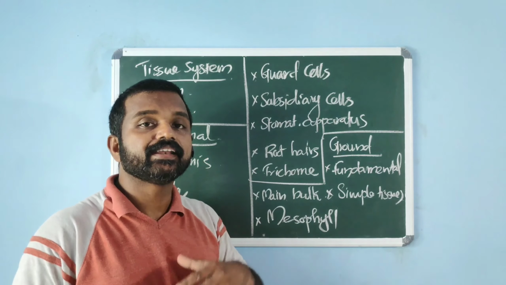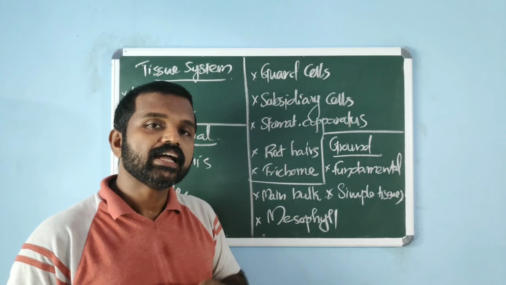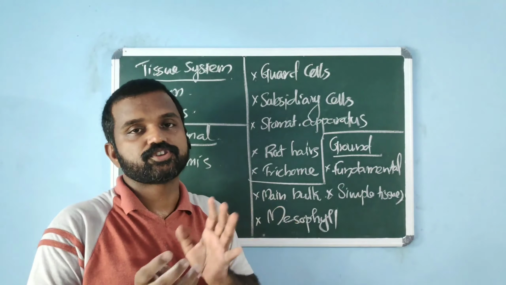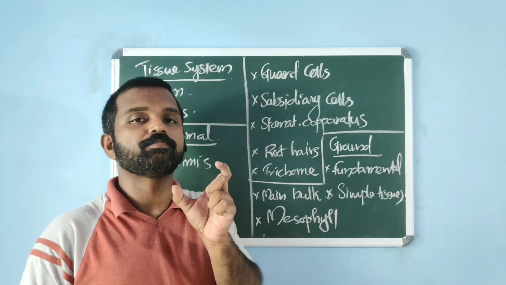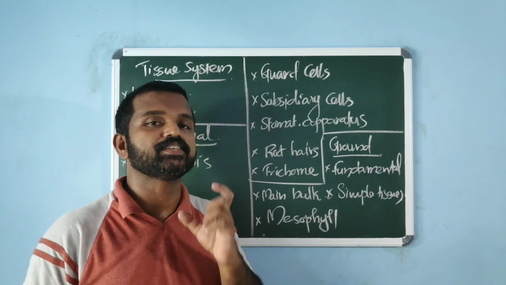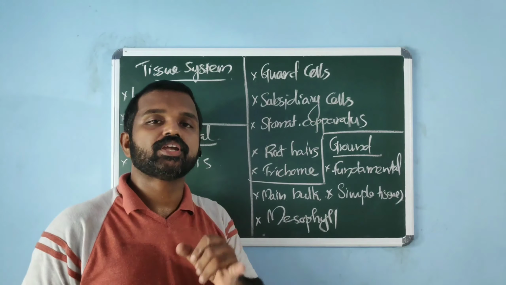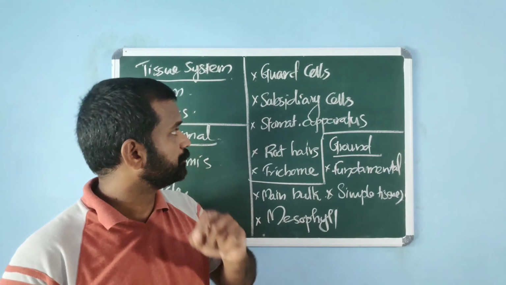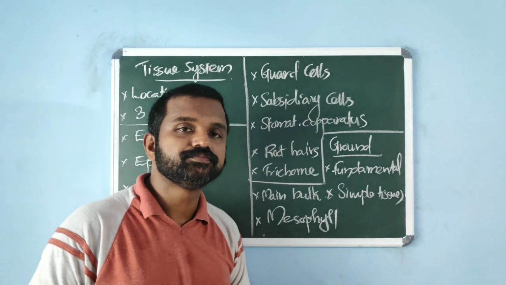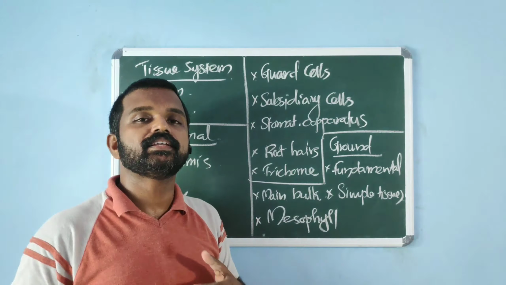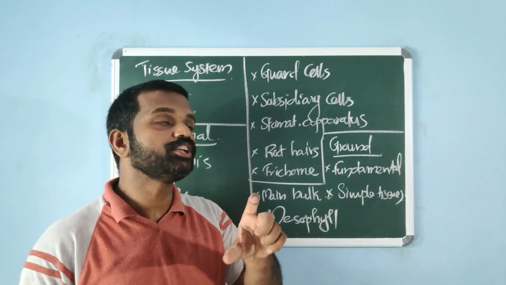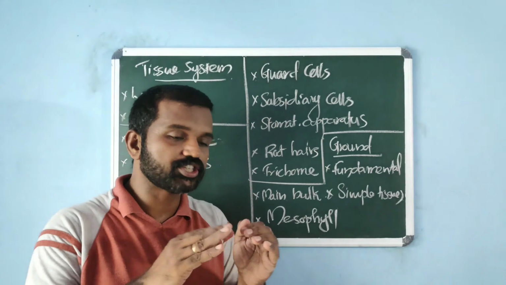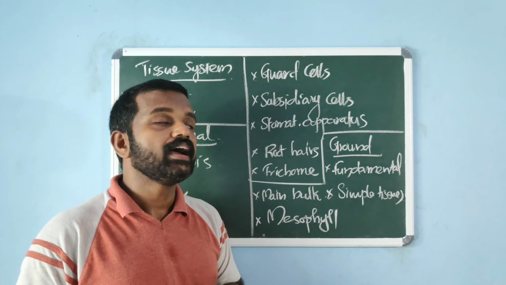Guard cells contain chloroplast. Guard cells are of two types: dumbbell shaped guard cells are found in grasses, monocots. Bean shaped guard cells are found in dicots. Then subsidiary cells, again specialized epidermal cells found in the vicinity of or adjacent to the guard cells.